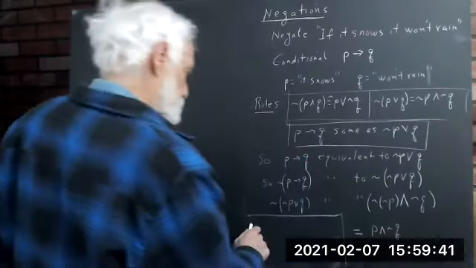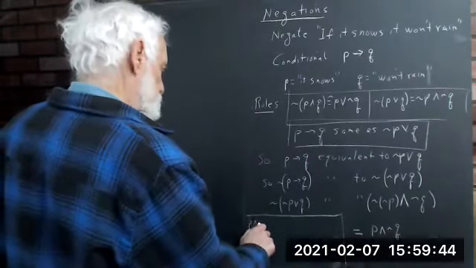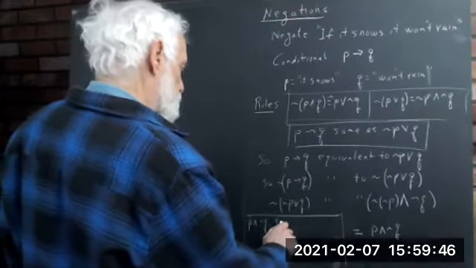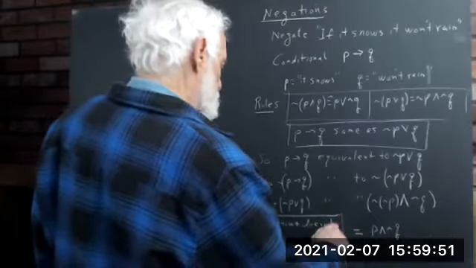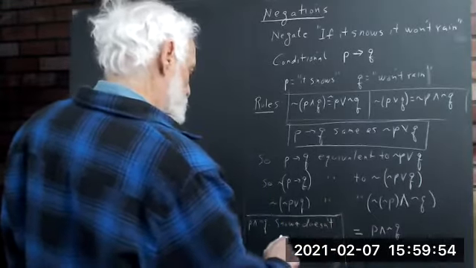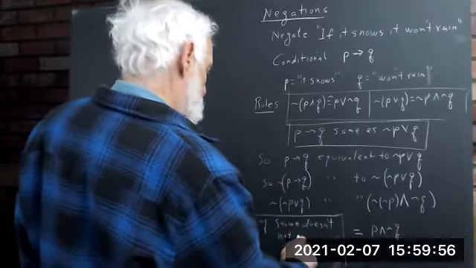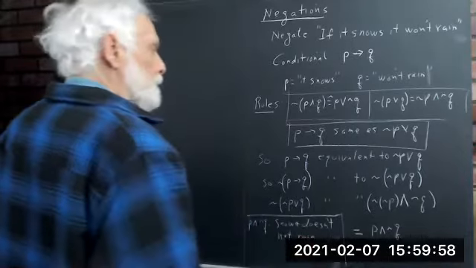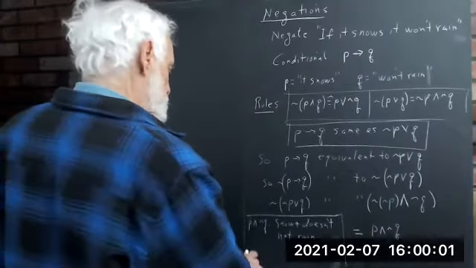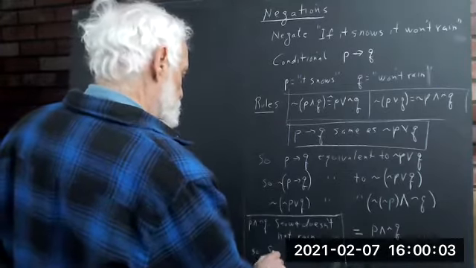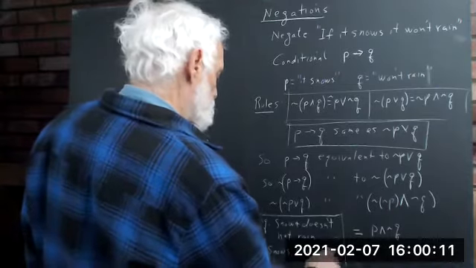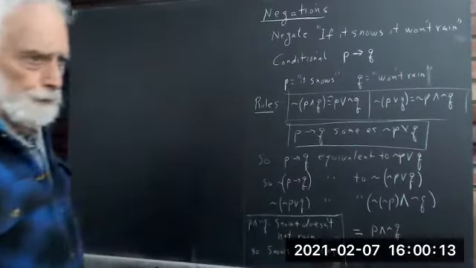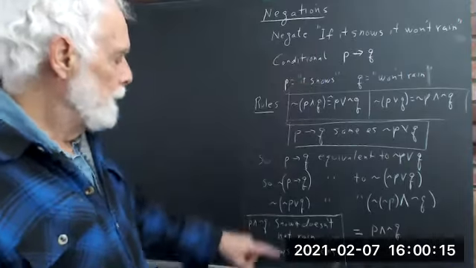So it snows and it rains. So the negation of this is this.